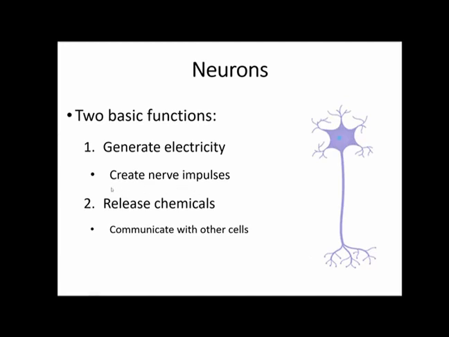So a neuron will release chemicals, and those chemicals allow it to communicate with other cells. So specifically, our axon terminals will release chemicals that will send a signal to the dendrites of the next neuron in the chain. And again, we'll talk about all of the details of that as this chapter progresses.